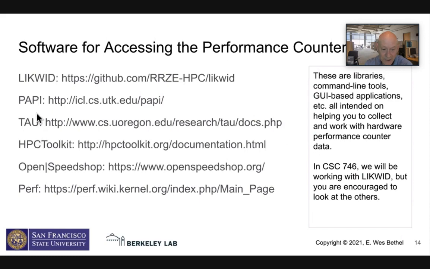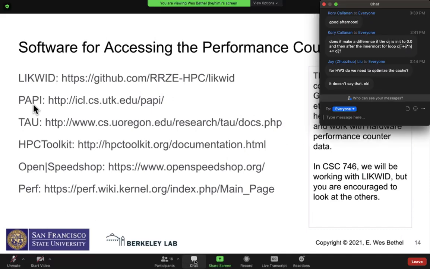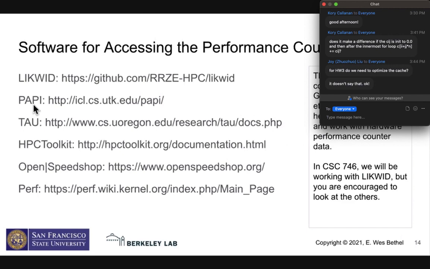PAPI and Tau are a couple of the more well-established packages. Both are good. PAPI is a completely programmatic interface where you're actually having to go in and PAPI presents a low-level interface to those control registers, right? And it's okay for some stuff, but I'm not crazy about it.